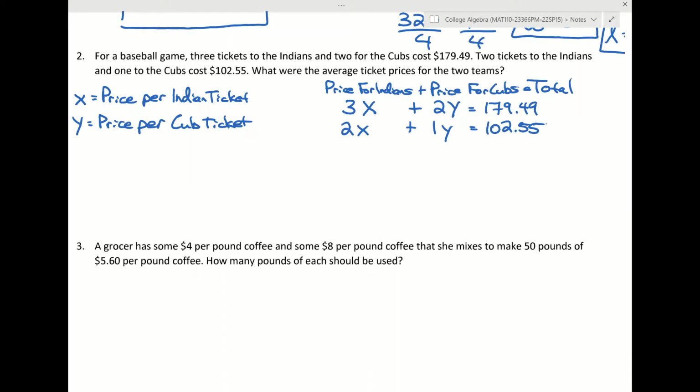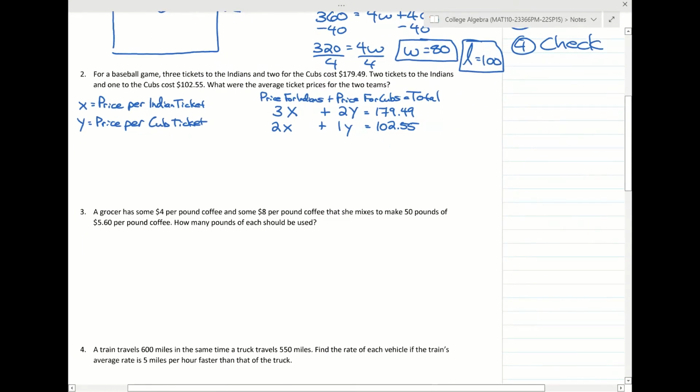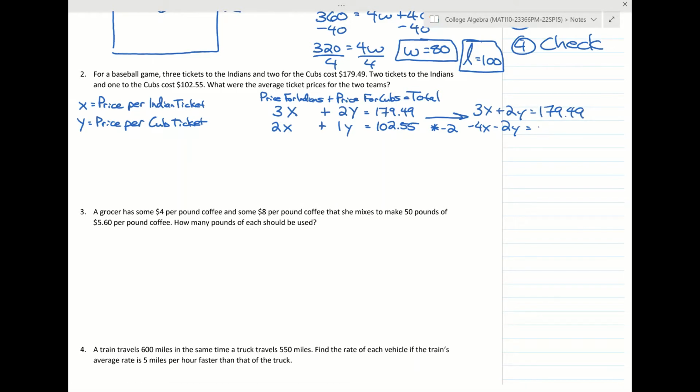Let's eliminate for Y. If we multiply the bottom equation by -2, we get 3x plus 2y is equal to 179.49, and this would be -4x minus 2y is equal to 102.55 times 2, which would be -205.10.